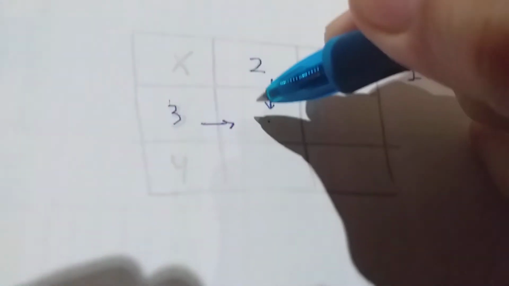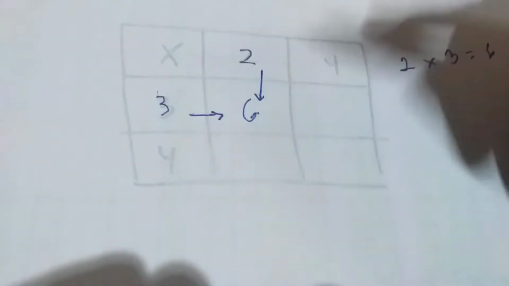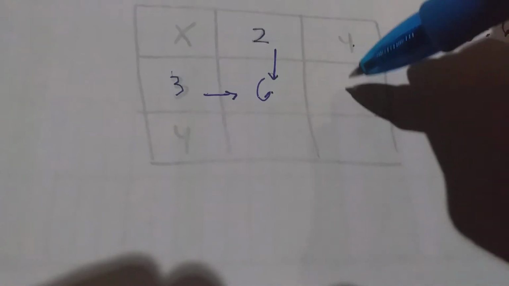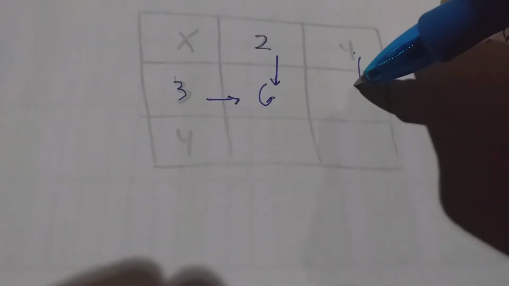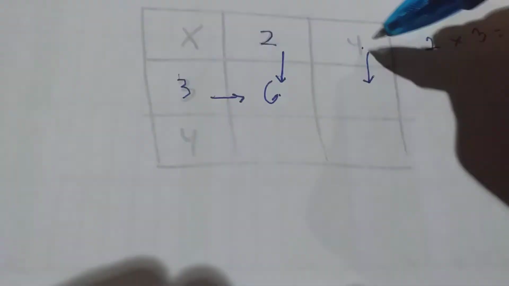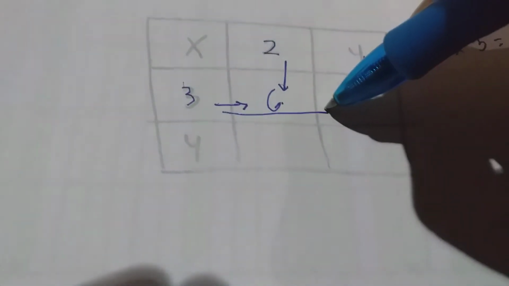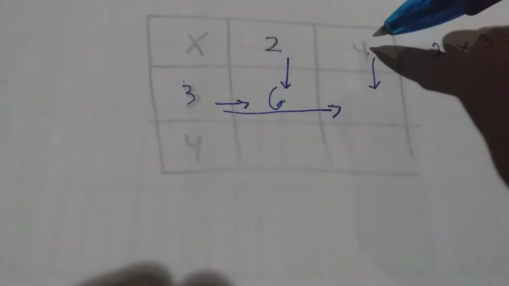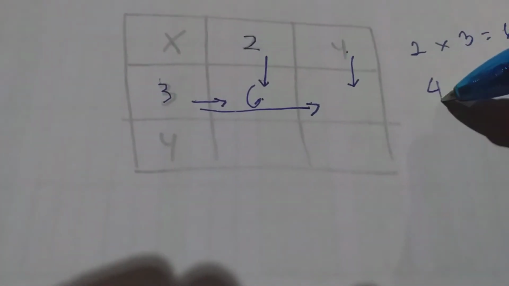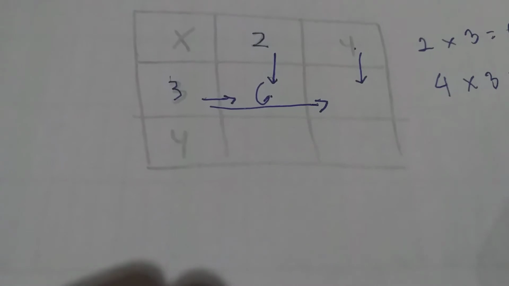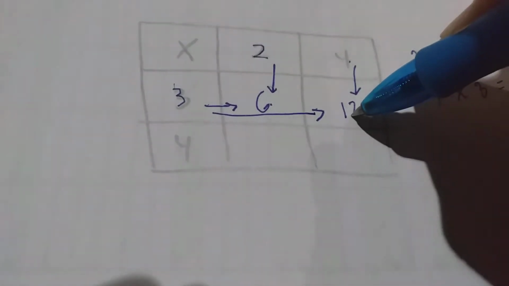So the answer right here is 6. And then here, if you put the line, 4 will meet with 3 in this square. So 4 times 3 becomes 12. So here will be 12.